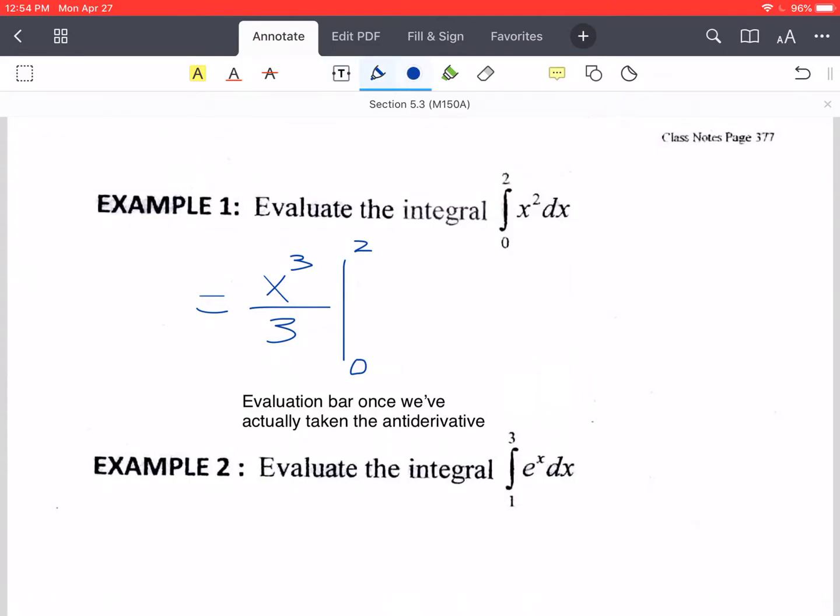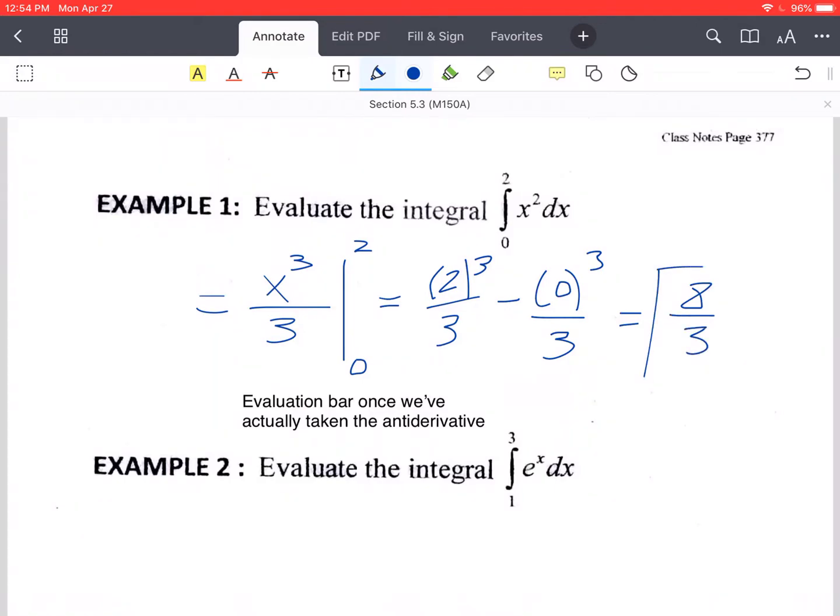And now we just need to evaluate. So this is going to be our antiderivative evaluated at 2. So that's 2 cubed over 3 minus antiderivative evaluated at 0. Which gives us 8/3.